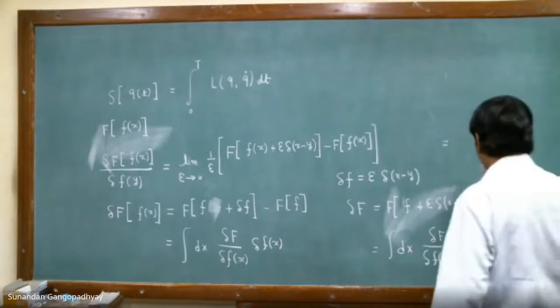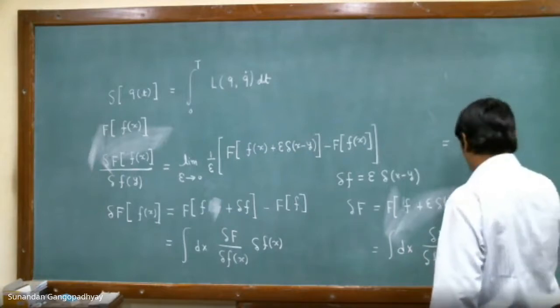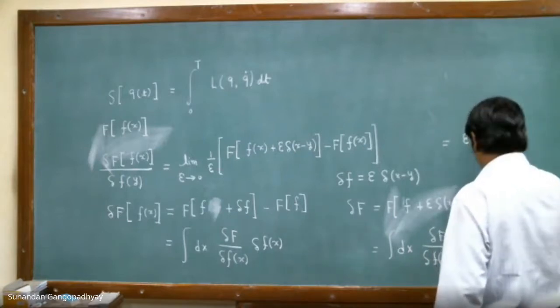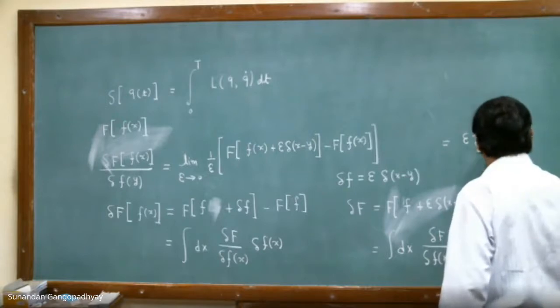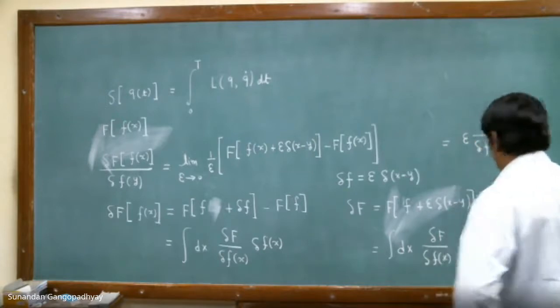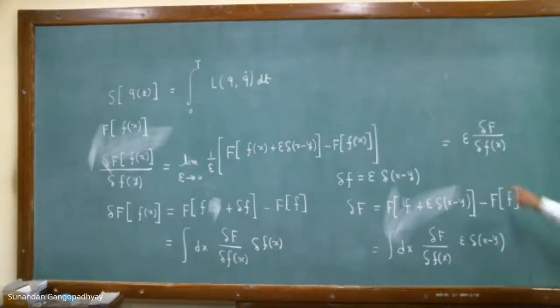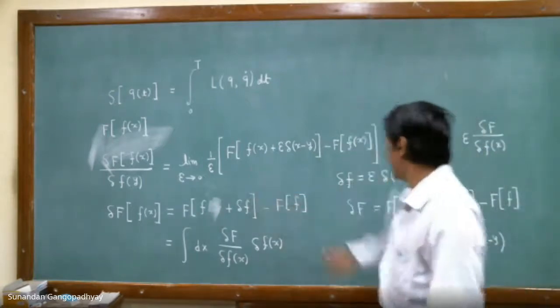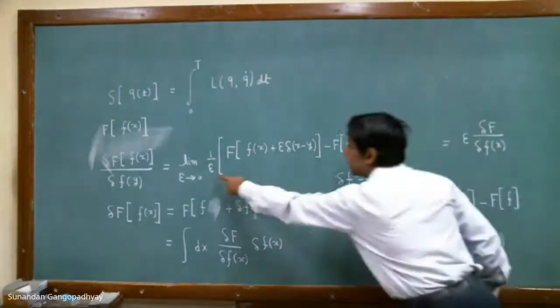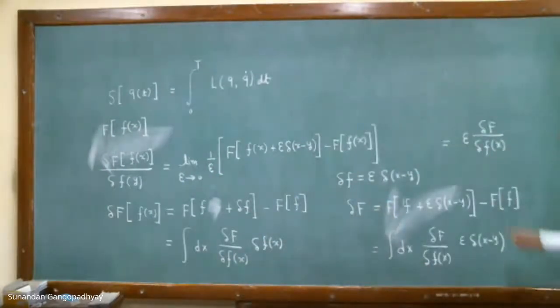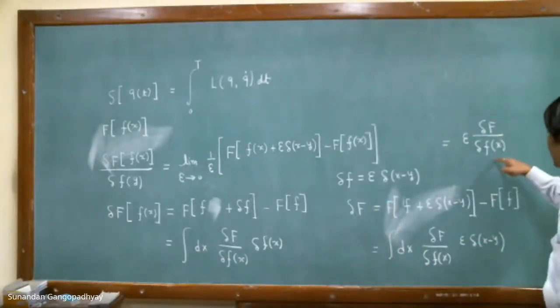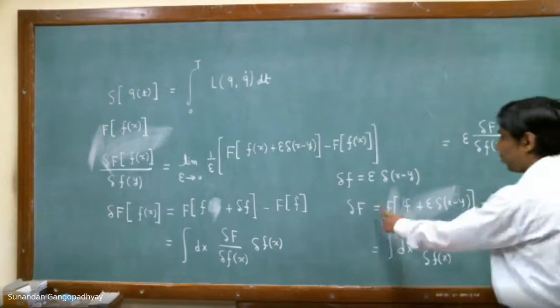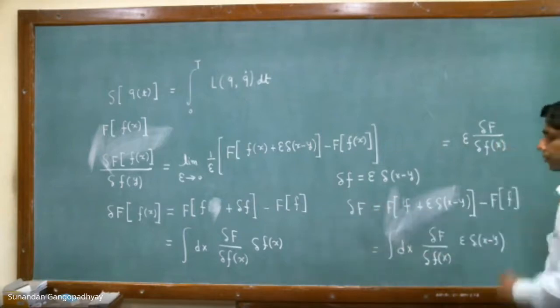If you perform the delta function integration, what we will have is epsilon delta F by delta f of y. And now you can see that this definition that we have written down over here follows because delta F by delta f of x is 1 by epsilon, limit epsilon tending to 0, of this expression.